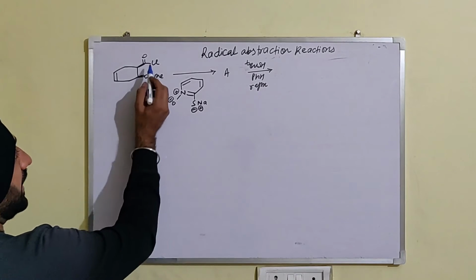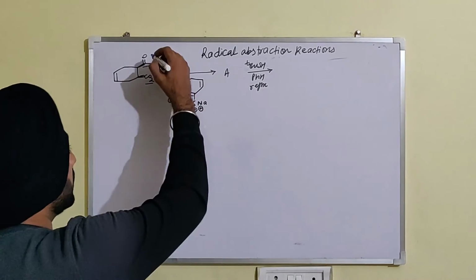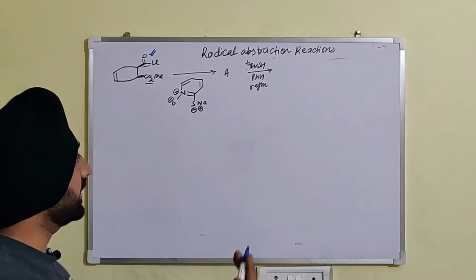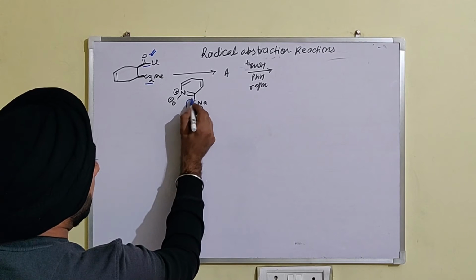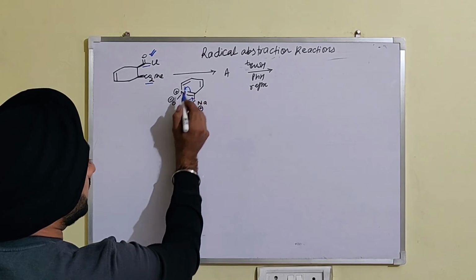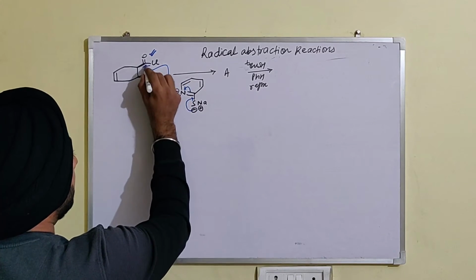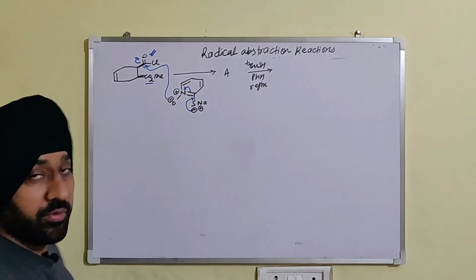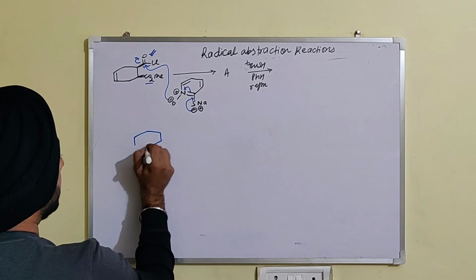We can clearly see that out of acid chloride and ester, the acid chloride is of course more reactive. This is going to release the positive charge on nitrogen, and it is this oxygen which is going to attack the carbon. So this is what we end up getting as compound A.